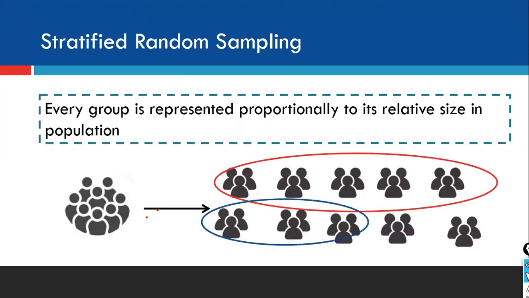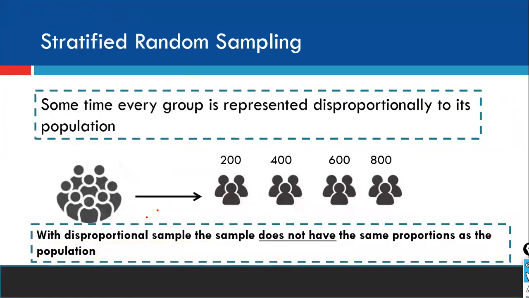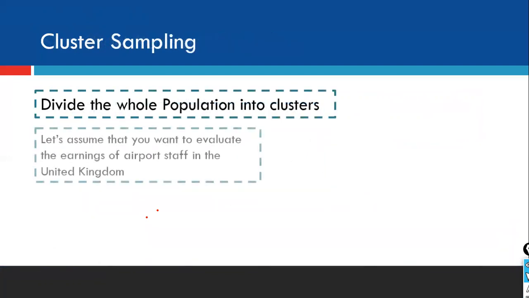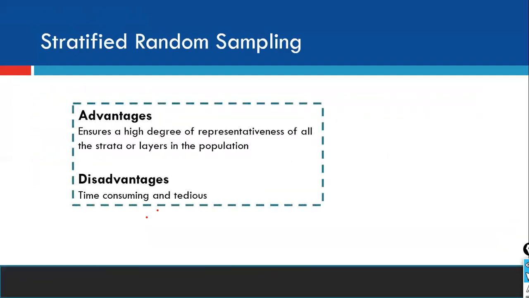If every group is represented proportionally to its relative size in the population, then you can go for the same. Your sample should have the same proportions as that of your population. Sometimes if it is disproportional, you need not literally go by the same proportion of your population while you sample the data. So it is unbiased and it is representative of the population. It covers every segment.